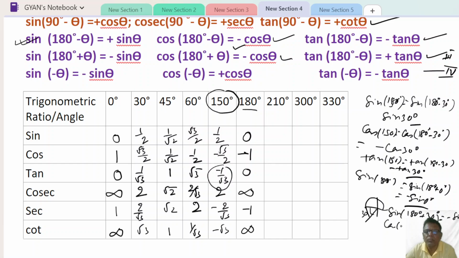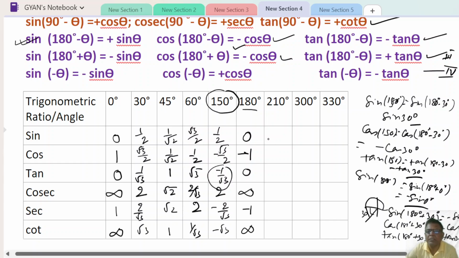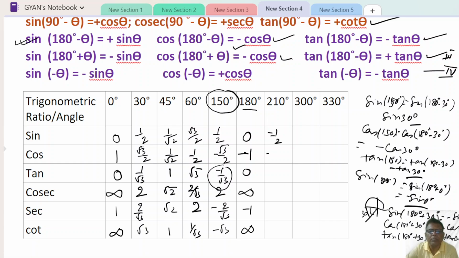Similarly, cos 180 degree plus 30 degree is minus cos 30 degree. And tan 180 degree plus 30 degree is equal to plus tan 30 degree. So minus sine 30 degree is equal to minus half, cos is minus root 3 by 2, and here plus tan means 1 by root 3.